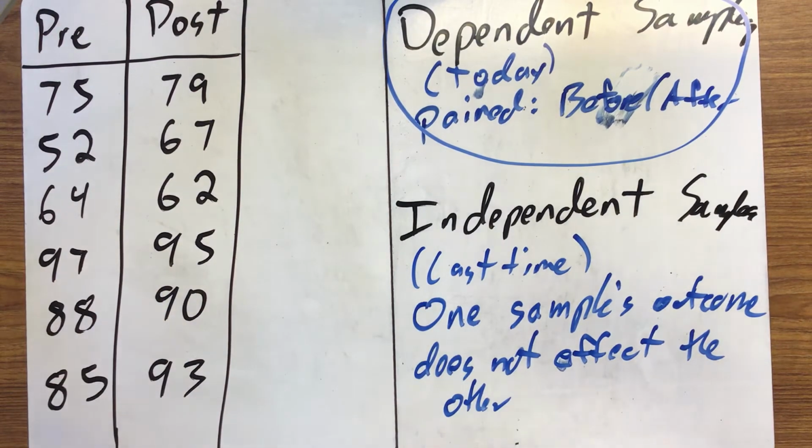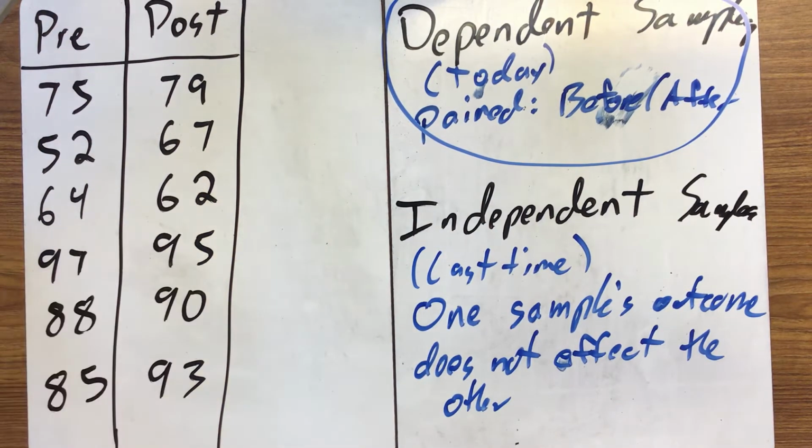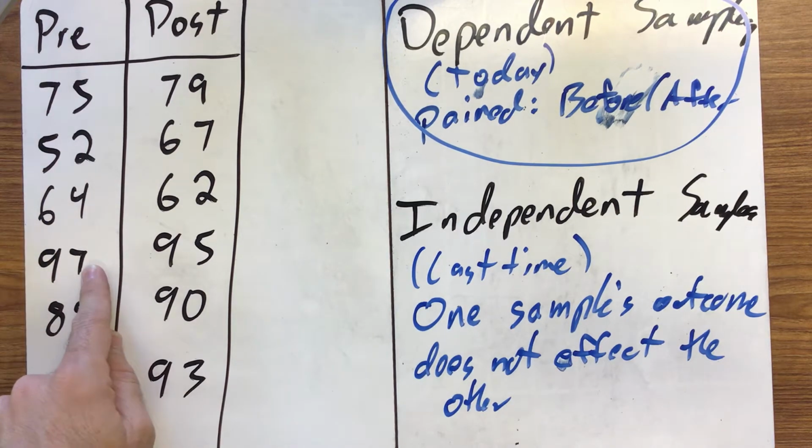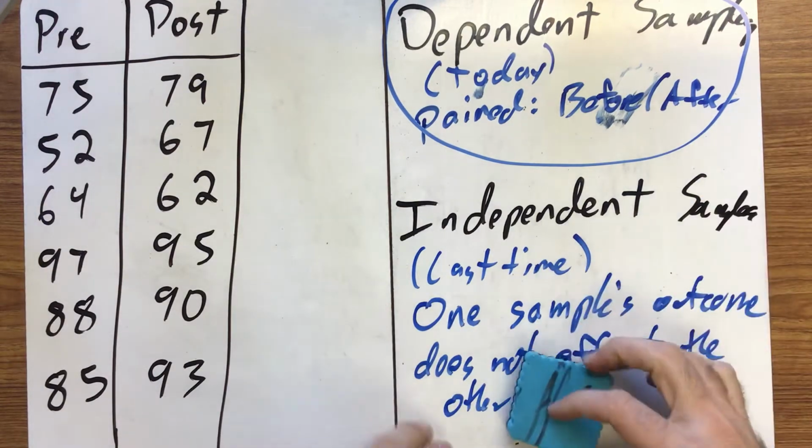It's unlikely that you're going to get an A on the pre-test and then fail the post-test, right? And furthermore, for the students who are really struggling on the pre-test, if you got a 52, moving up to a 67 is a big improvement, but you wouldn't expect the student who scored a 52 to do the same as the student who scored a 57. So we see some connection between the pre-test and the post-test.